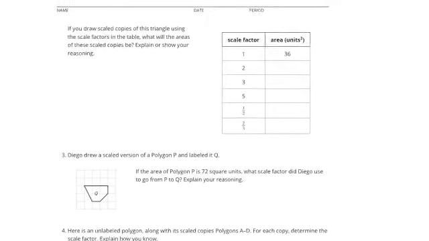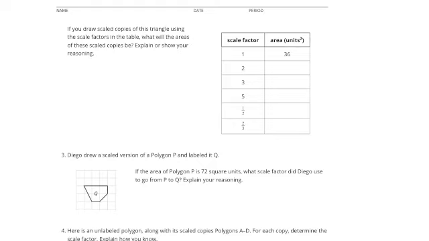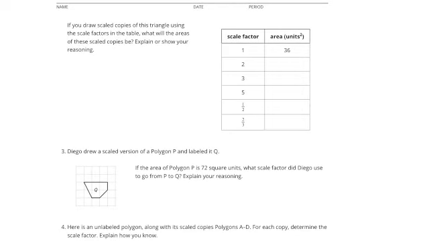So if our original is 36, then we are going to multiply 36 by 2 squared. So 36 times 4. And that gives me 144 units squared for a scale factor of 2.